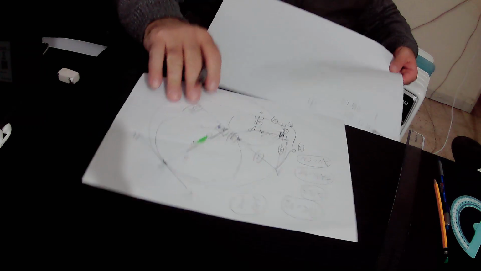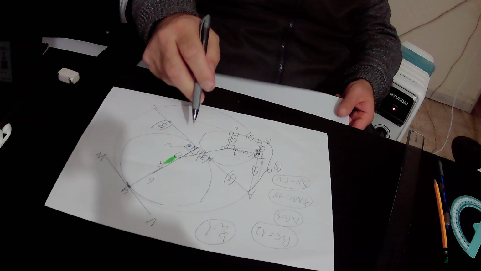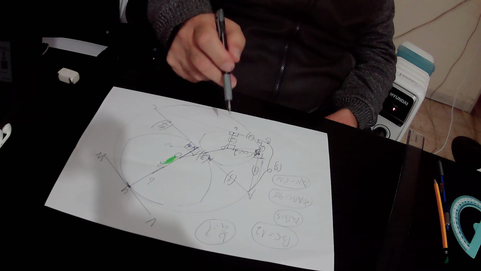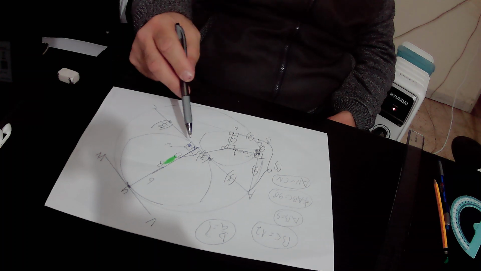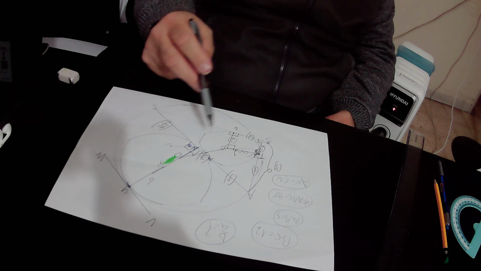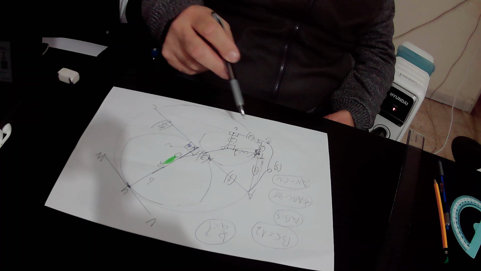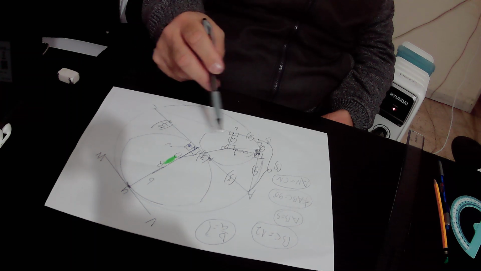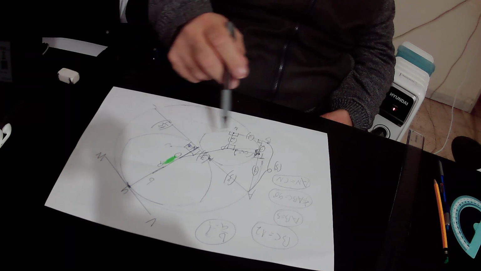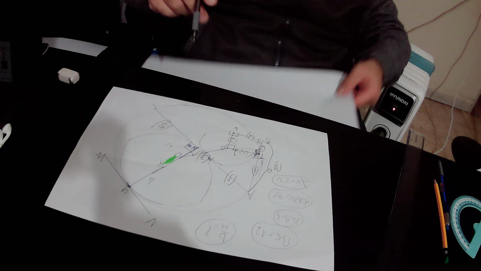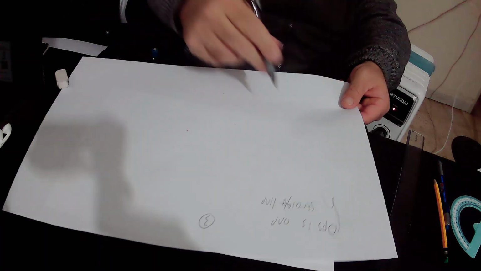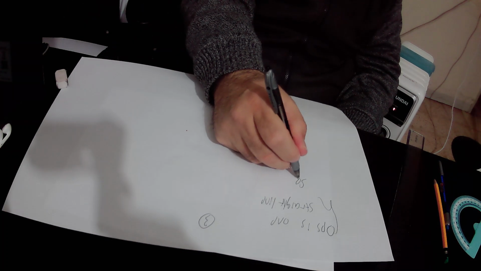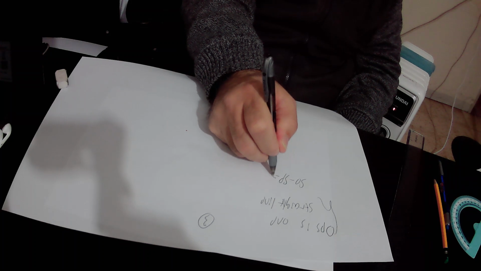So if OPS is one straight line, it means that SO is also a straight line, and SO minus SP equals PO. So we can write down that SO minus SP equals PO.